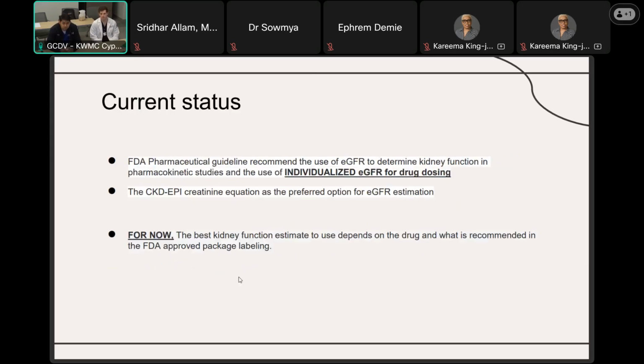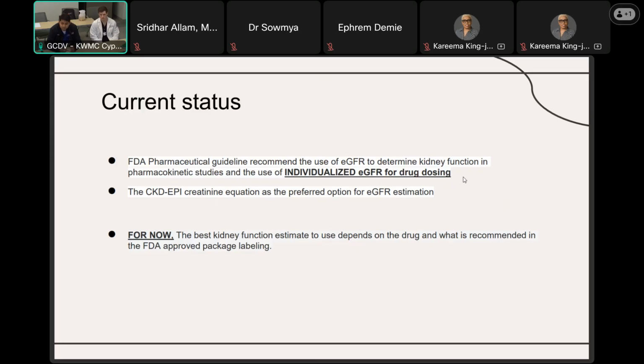The FDA recently released a pharmaceutical guidance recommending the use of individualized GFR for drug dosing. For newer drug development, they are recommending to use CKD-EPI eGFR calculation. But when we are using them on individual patients, they want us to calculate their body surface area, calculate their individual GFR, and determine the drug dosing based upon their individual GFR.